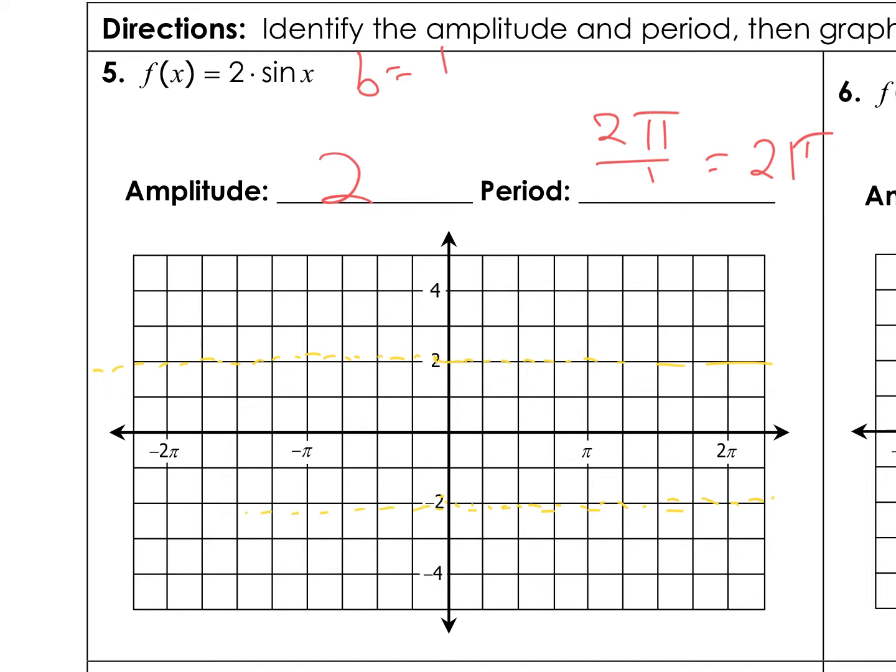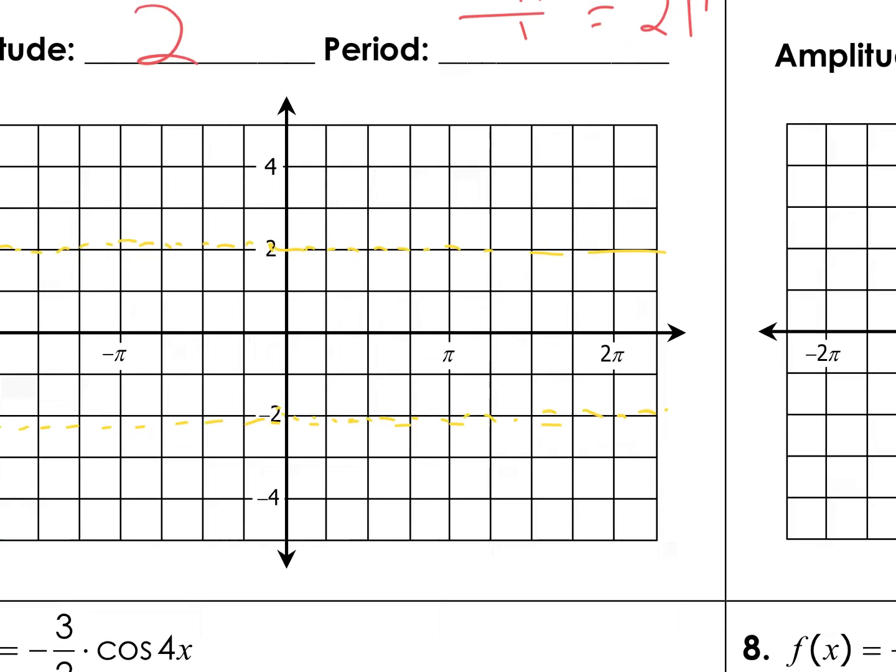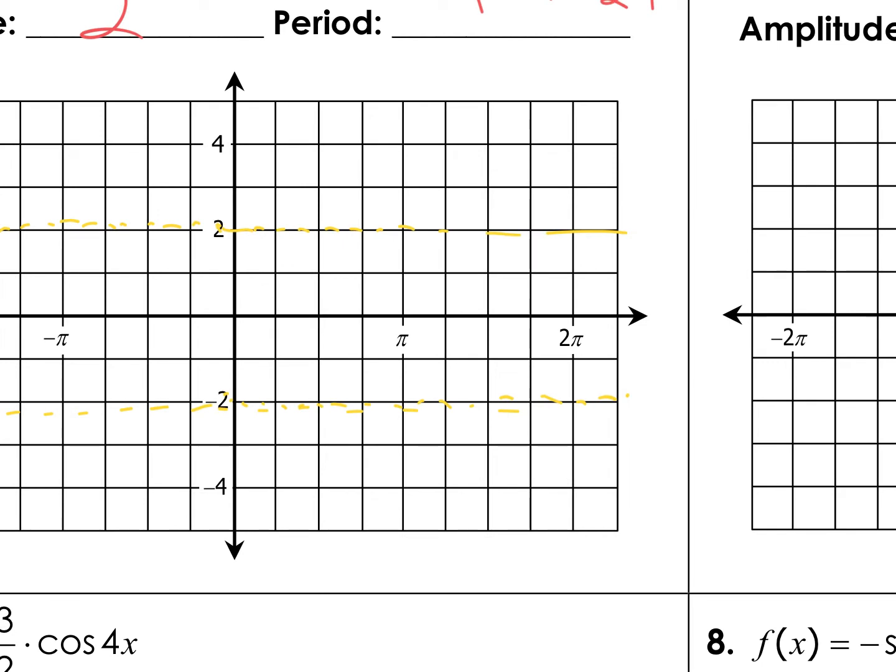It helps you out a lot. And then, since we're starting at 0 and going to 2 pi to finish it up, let's look at what happens from 0 to 2 pi. So 0 is here, 2 pi is here. So put another dotted line here to say that my one cycle is going to finish up in that amount of time.